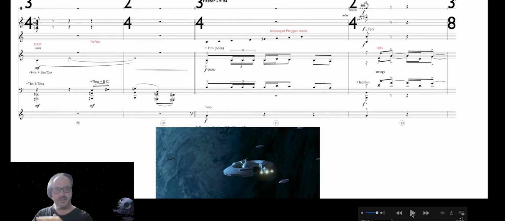It's an interesting textural thing that he hadn't really done since Jaws, but there's also all sorts of other things going on on top of that. It's incredibly Stravinsky-esque in that regard.